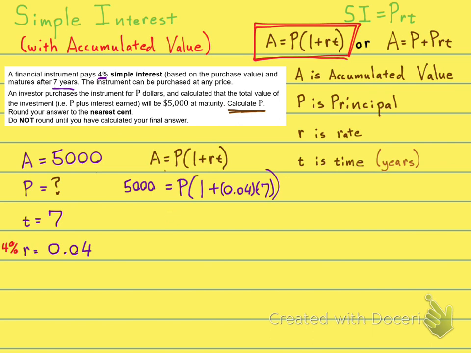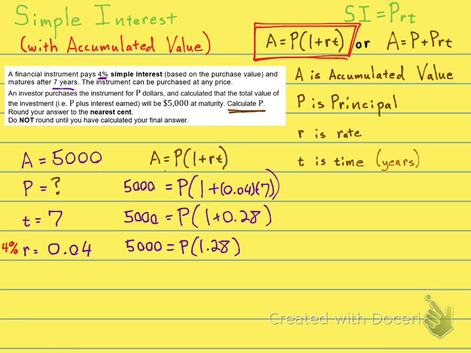So drop down my equal sign, drop down my P. In my parentheses, I have 1 plus 0.28. On the left-hand side, I have 5,000. Next, 1 plus 0.28 is going to be 1.28. 5,000 equals P times 1.28.